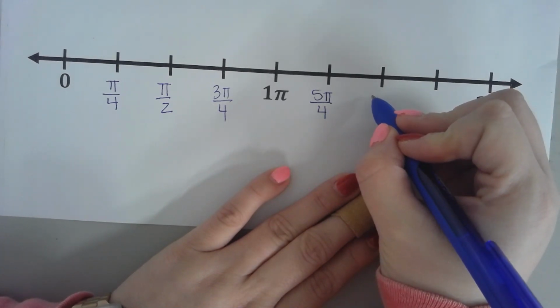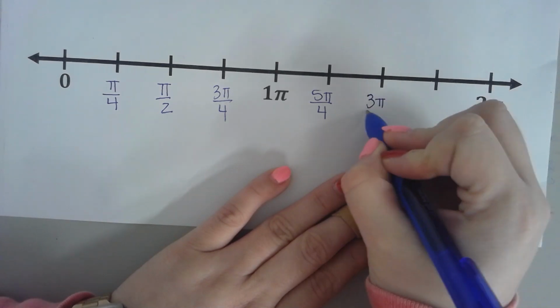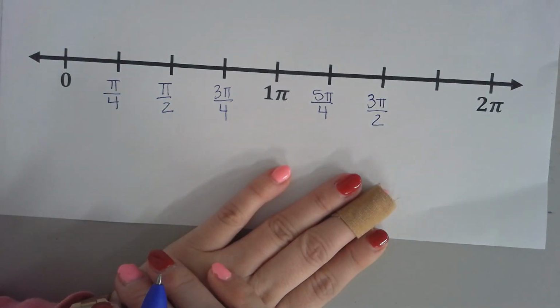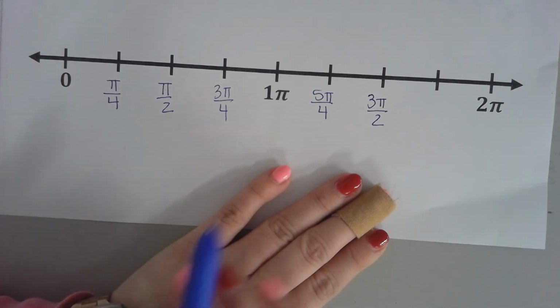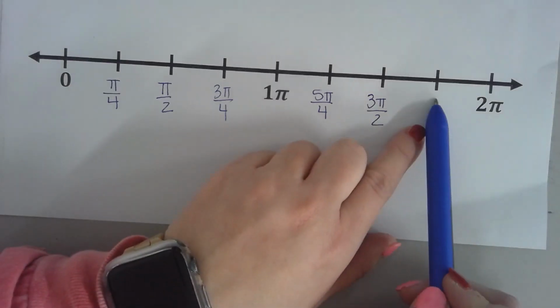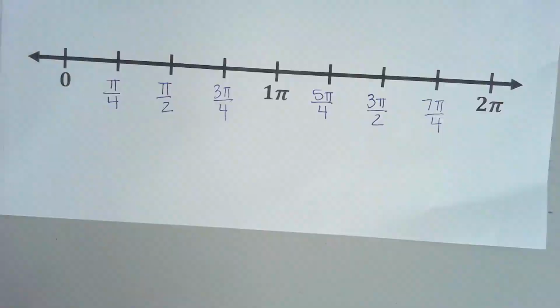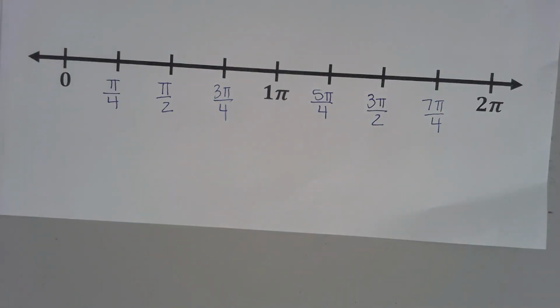3 pi over 2. And then what? 7 pi over 4. And then 8 over 4 is 2 pi. Yep.